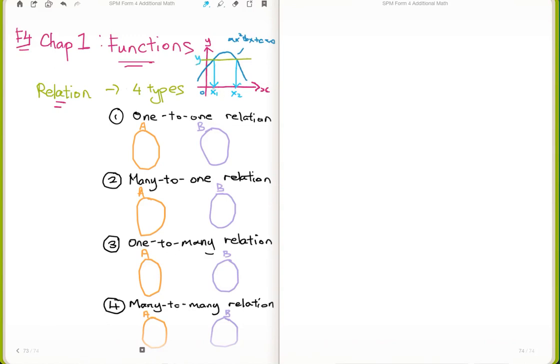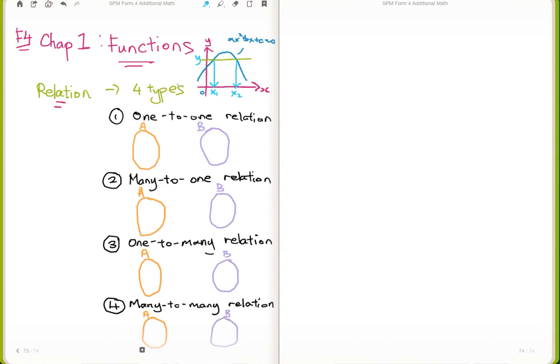Here, there are two x values to get one y value. Over here, this will be many to one, because your x-axis is where you start from. Many values of x to get one value of y.